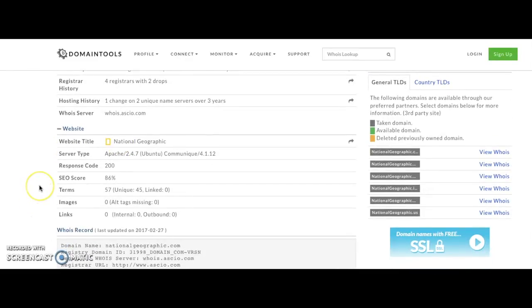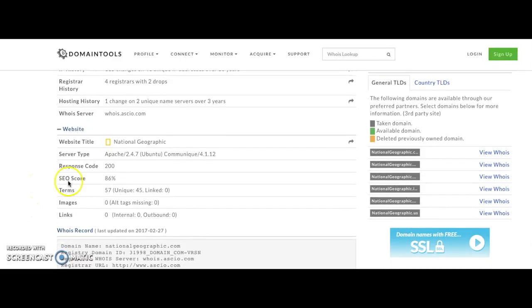And finally, one thing that's pretty critical here is the SEO score. Michelle? So the SEO score is search engine optimization. This basically determines how likely this website is to pop up on any search engine. We can see that National Geographic has an 86%, which is very high.